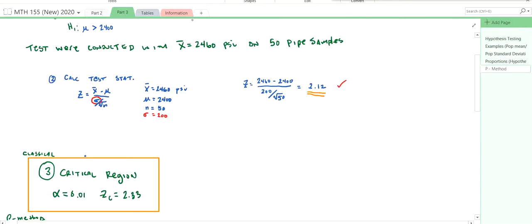So the idea here is we have a right-tailed test, and this is our critical region. Z critical equals 2.33.